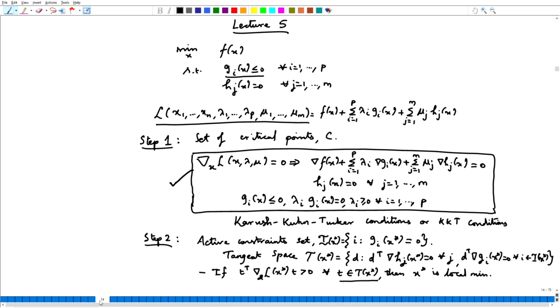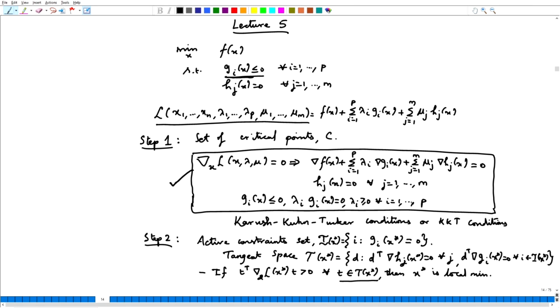Assume that you do not have the inequality constraints that are underlined. So, you will only have min f of x subject to h j of x equal to 0, right. So, we construct a Lagrangian. We have f of x plus summation mu j h j of x, and we just have the first two lines of constraints, right. Of course, the g i will not be there.